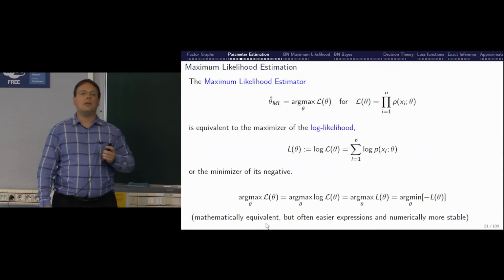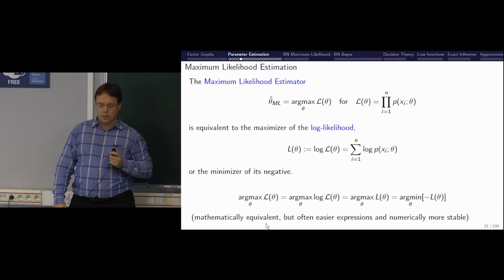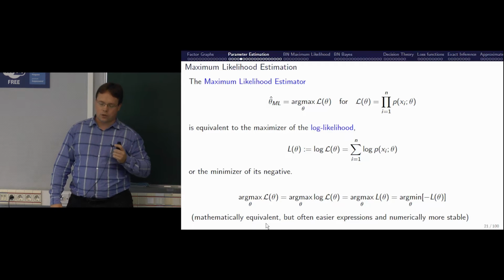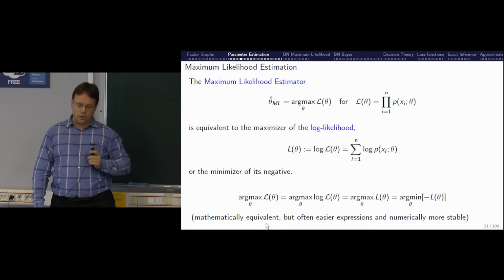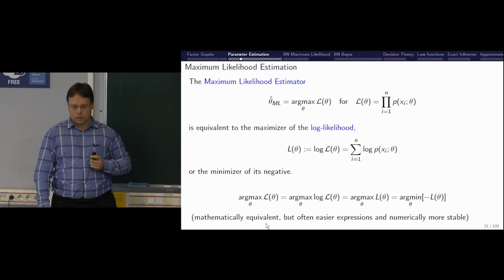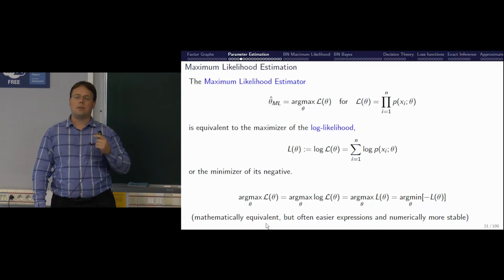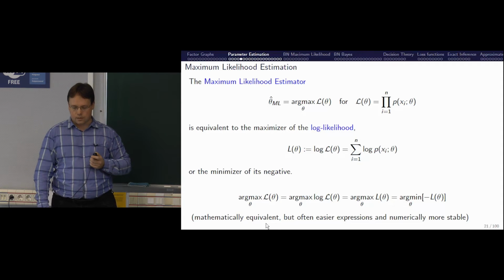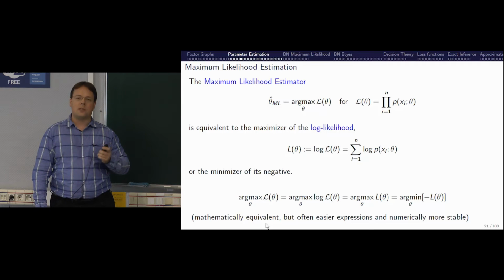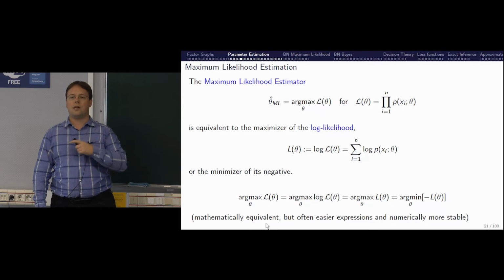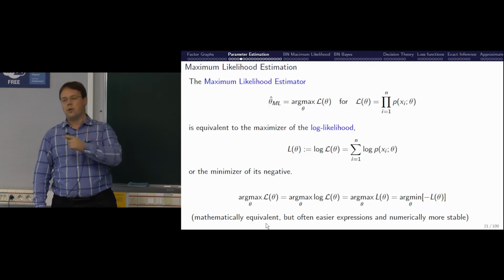As often, there are different equivalent ways to express this. The maximum likelihood estimator, the one that maximizes the data likelihood, is also equivalent to the maximizer of the logarithm of the likelihood, just because the logarithm is a monotonic function, so if something maximizes a function, it also maximizes the logarithm of the function. That's equivalent. And sometimes it's more convenient to talk not about the logarithm of the likelihood, but about the negative of the logarithm of the likelihood.